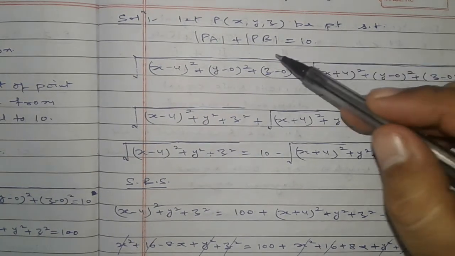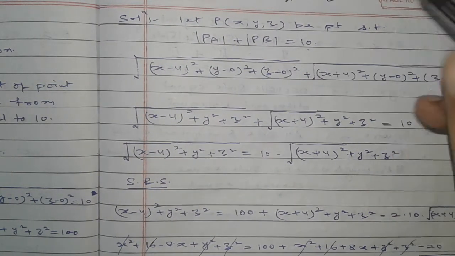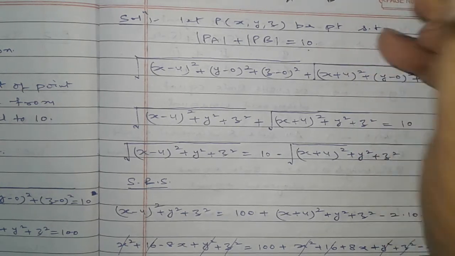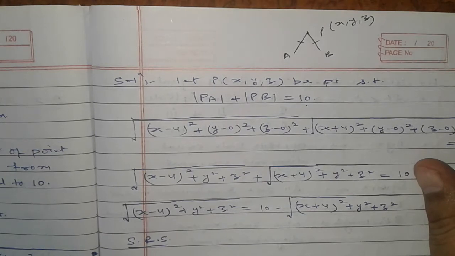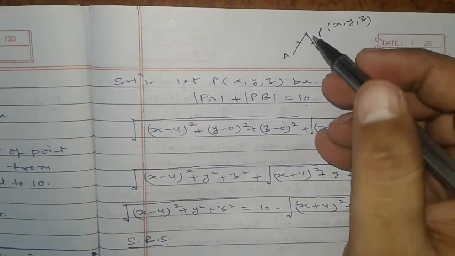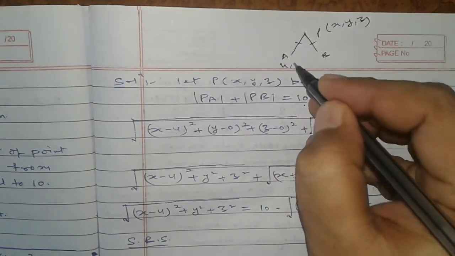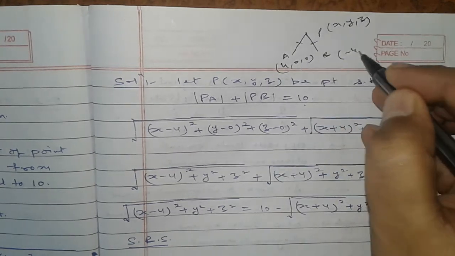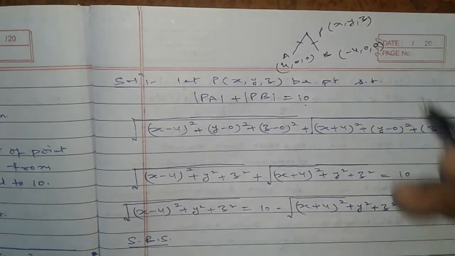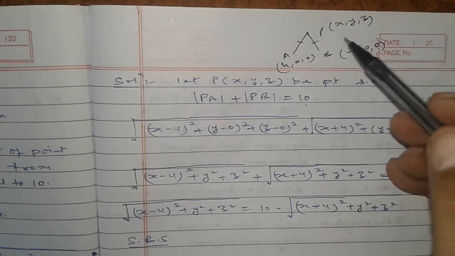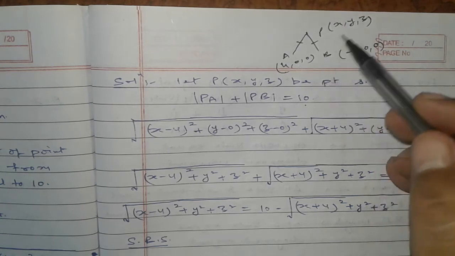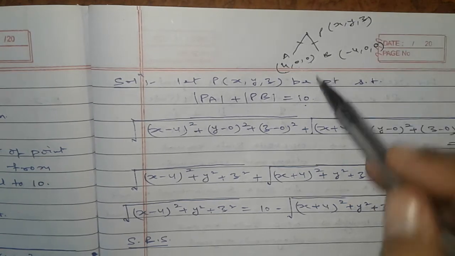PA plus PB is given as 10. Coordinates of P I have supposed as x, y and z. Coordinates of A are 4, 0, 0. Coordinates of B are minus 4, 0 and 0. So what is PA? Square root of x minus 4 whole square plus y minus 0 whole square plus z minus 0 whole square.